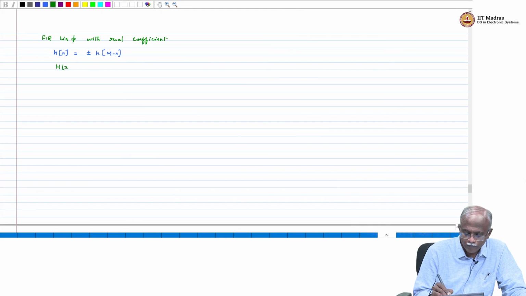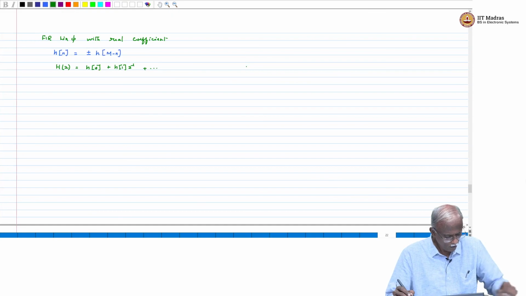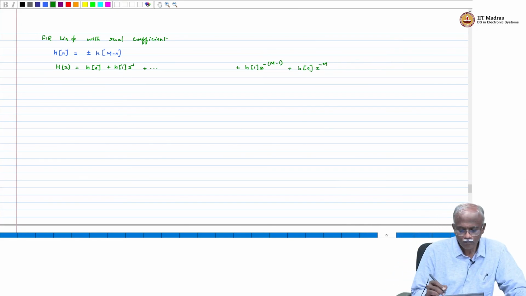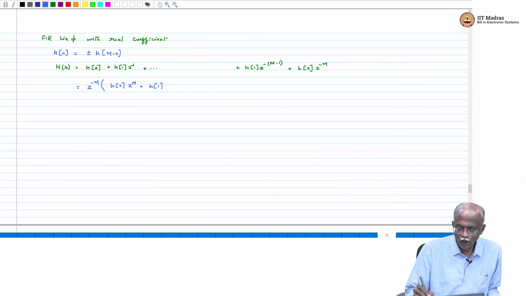Okay, what is H of z? H of z will be h0, h1 z inverse, all the way up to h of M minus 1 z power minus M plus 1 and h of M z power minus M. I'm going to write this using the property of symmetry, and this last term will be h of 0 z power minus M. Now pull out z power minus M. What will you get? h of 0 z power M, h of 1 z power M minus 1, all the way.